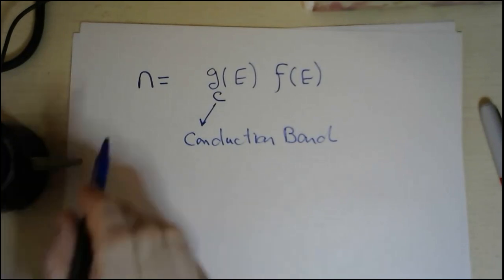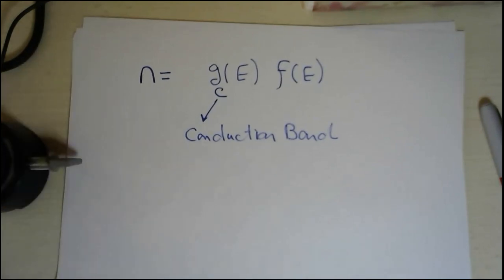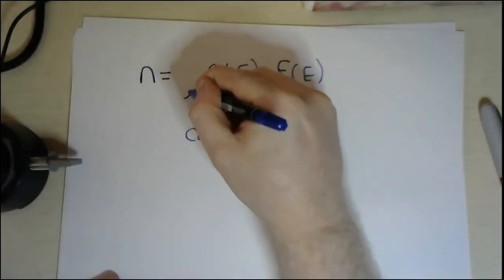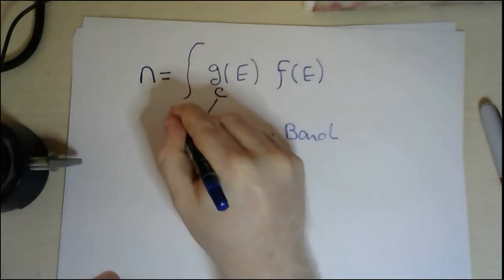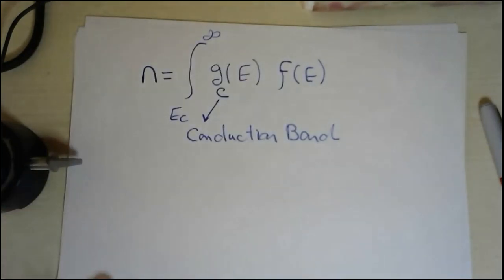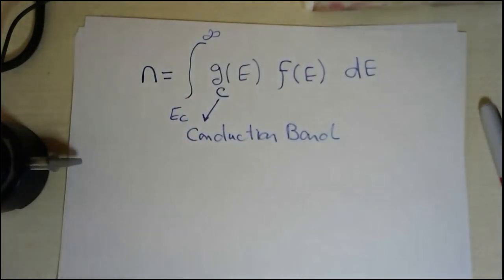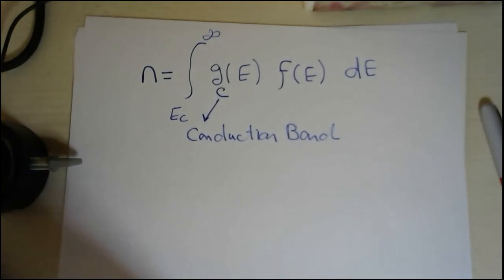I should calculate n only in the conduction band, not everywhere. So I have to make it in an integration form from EC to infinity. This indicates the integration with respect to energy, because I only define electrons in the conduction band.